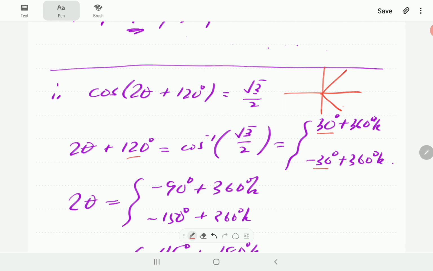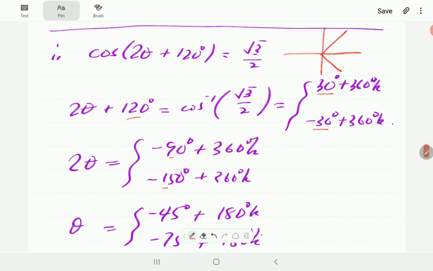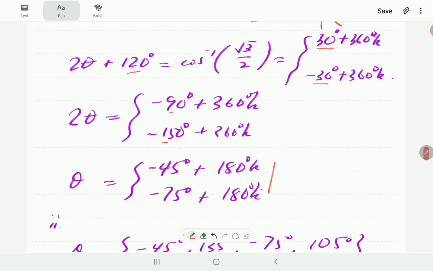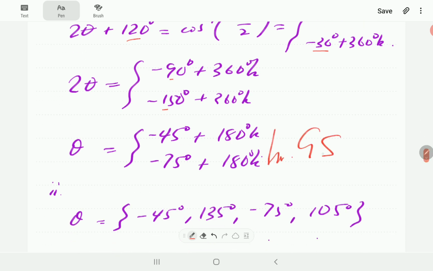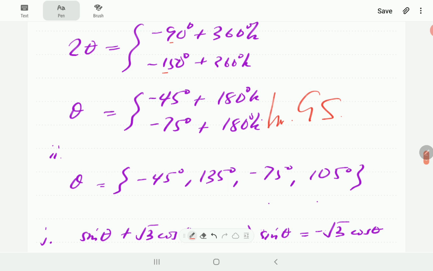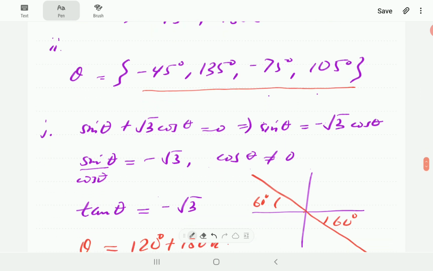Then we subtract 120 on both sides. So we're going to have negative 90, negative 150 here. And then we divide by 2. And so that's going to be our general solution there. And then from there, by just varying the values of k, we're going to come up with 4 values of the particular solution.